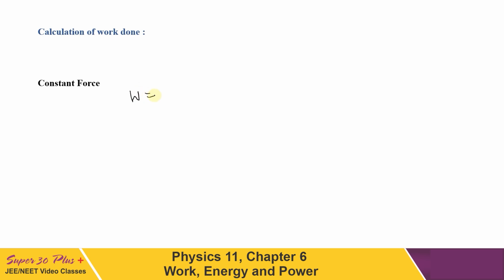So work done can directly be written as F dot dr by definition, and since F is constant, it can be taken outside the integration sign, and then it will be F dot integration of dr, that is equal to F dot delta r. As you can see here, F and delta r are both vectors, but work is a scalar term because it is the dot product of force and displacement.